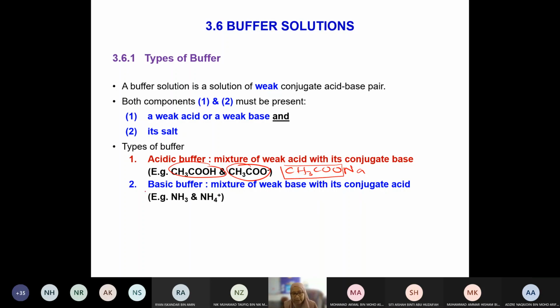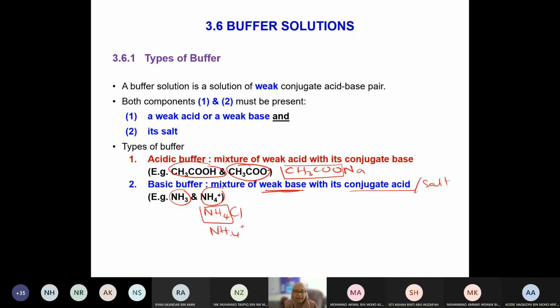A basic buffer is a mixture of a weak base and its conjugate acid, or its salt. This is the weak base and this is the conjugate acid, its pairing. Normally what we are familiar with is NH4Cl or NH4NO3, but when it dissociates it will produce NH4+.